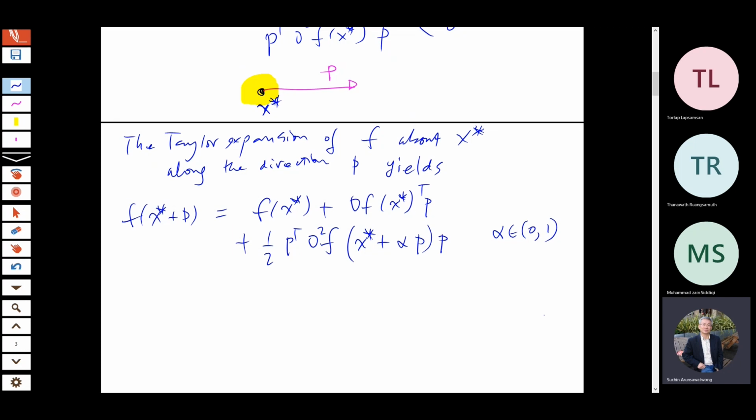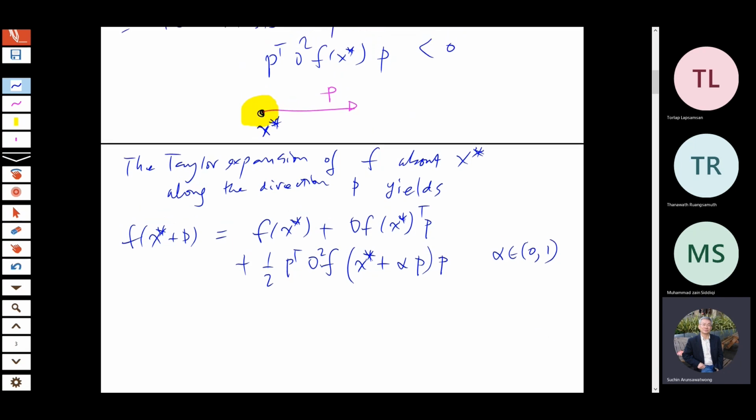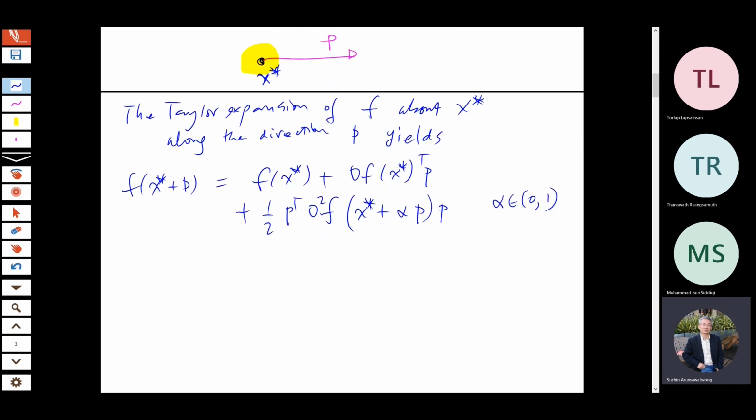Now, because this is an equation, the left-hand side is exactly equal to the right-hand side. And we have the extra variable, the alpha, right here.